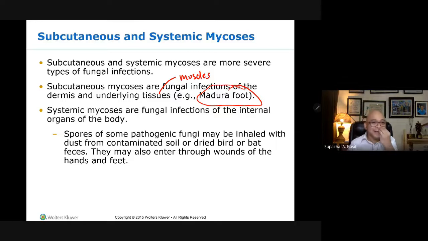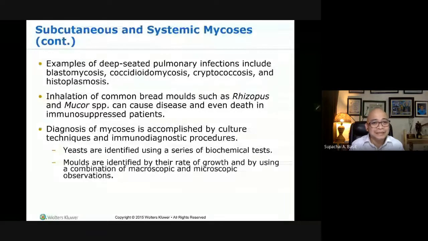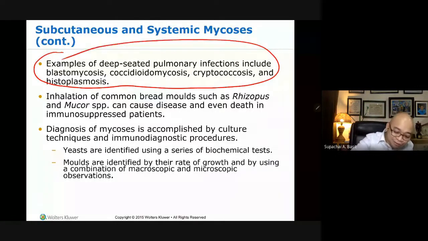So when we inhale the spores, then we can get systemic mycosis. So examples of deep-seated pulmonary infections include blastomycosis, coccidioidomycosis, cryptococcosis, and histoplasmosis. So these are all examples of systemic mycosis.